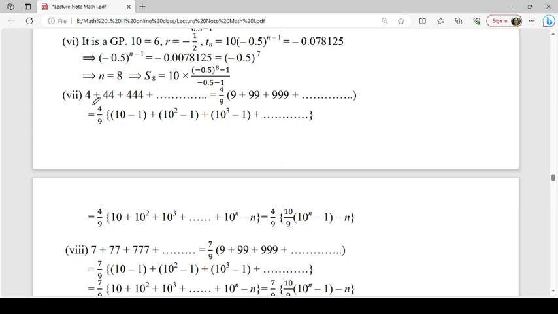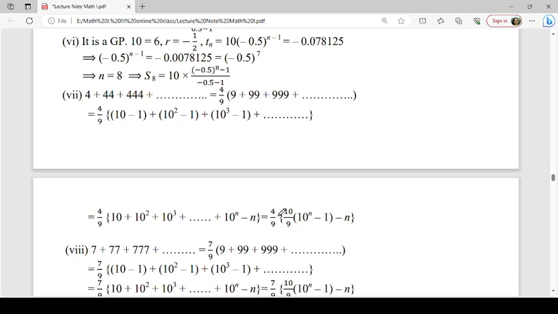We take 4 common, then it is 1 1 1 1 1 1 and so on. This 1 1 we write as 9, we divide by 9, so it is 1 1 1 1 1 1 and so on. Then 9 we write as 10 minus 1, 99 as 100 minus 1, 999 as 1000 minus 1 and so on. So this is a GP, 10 plus 10 square plus 10 cube up to 10 to the power n, and minus 1 minus 1, there are n ones, so it is minus n.